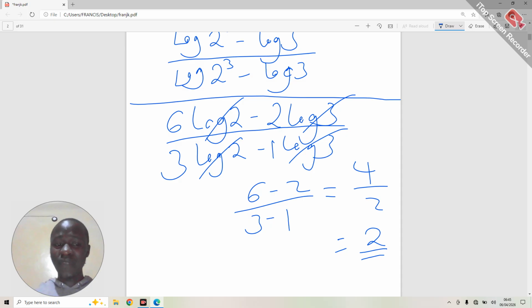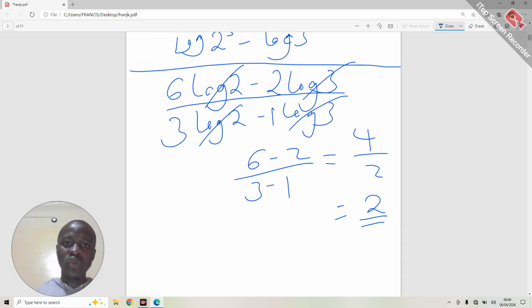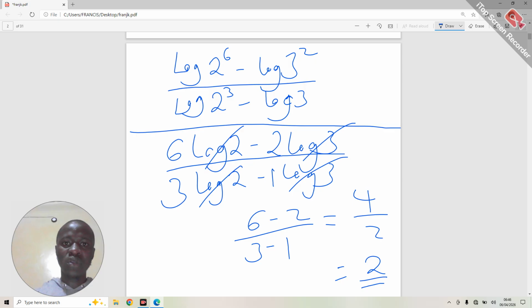I don't know if this process is acceptable, but I advise that you first of all check with your teacher. If the teacher accepts, then you can go ahead and use it in any exam room. But I don't think it is the right way to do this question, guys.